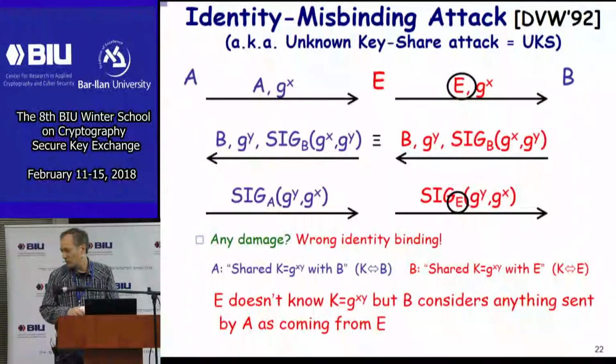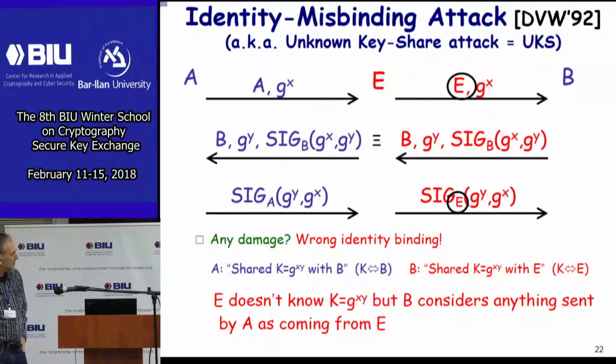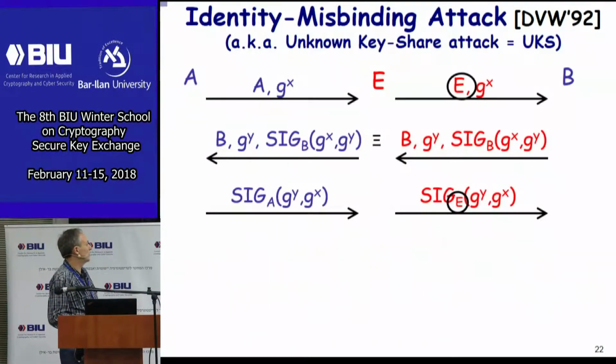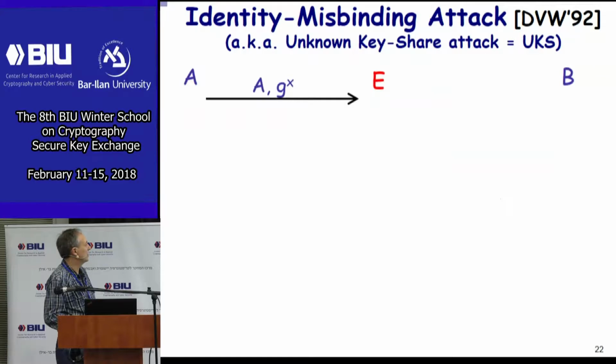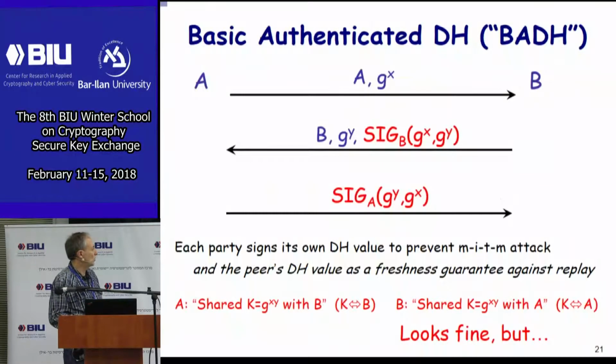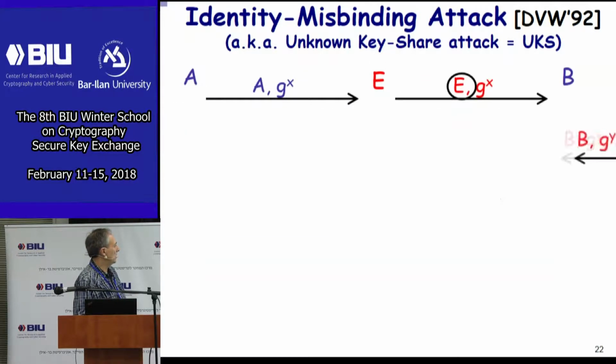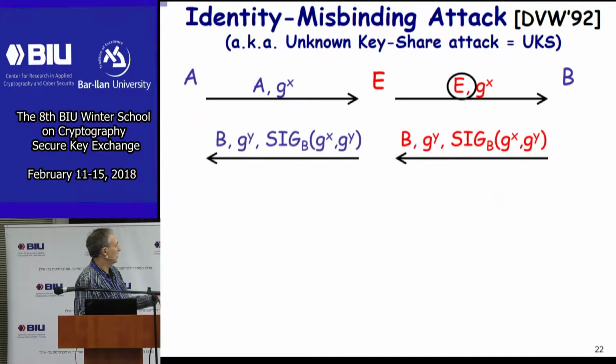Okay, so back to our identity misbinding attack. We saw that Eve can take that protocol and play man in the middle, put her name instead of Alice's name, and get Bob's message across without any change.